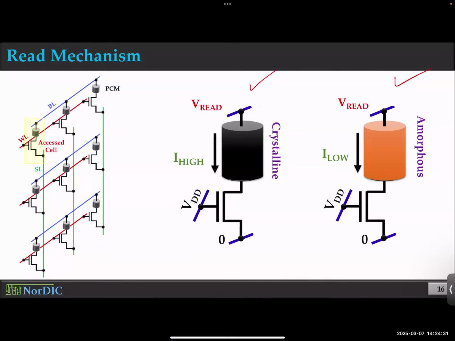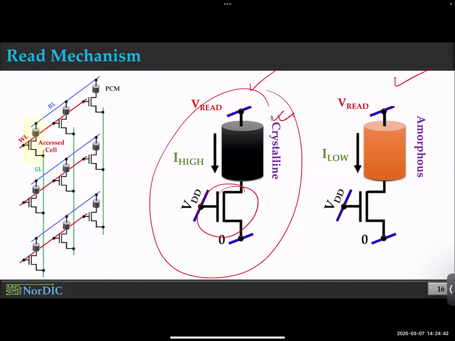As you can see, we need different current pulses of different timing. That's the unique feature of PCM versus the other memory. But in terms of the cell structure, you still need a PCM cell and a transistor. What is the transistor doing again? Basically, it's an access device, right? It lets us access the ones that we want and not disturb the ones that we don't want.